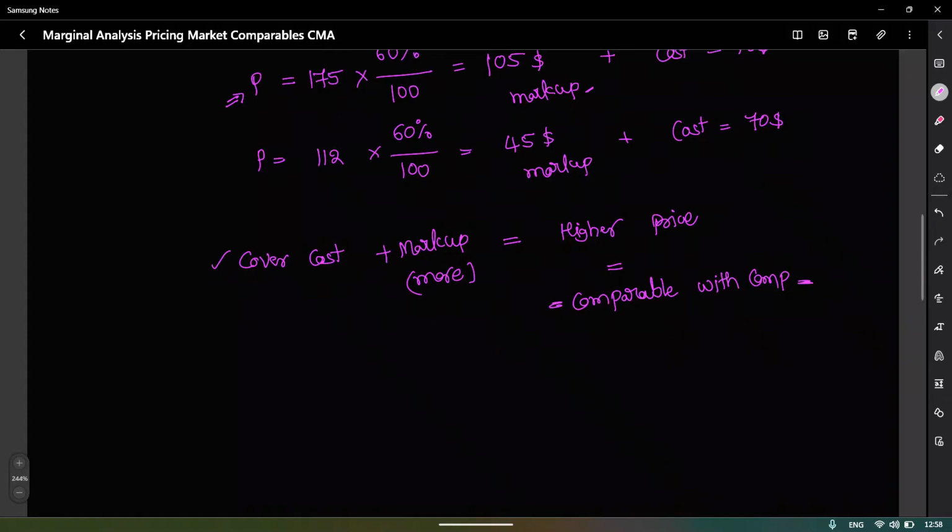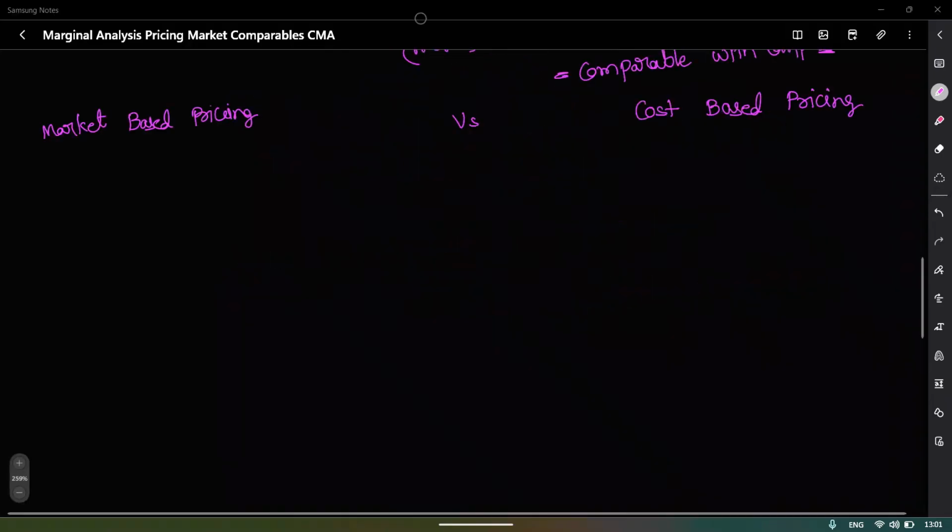Now we need to ask what is the difference between these two. Market based pricing approaches involve setting prices by referring to competitor prices. Competitive markets mean especially highly competitive commodity markets where the companies focus on cost leadership, with standardized products.